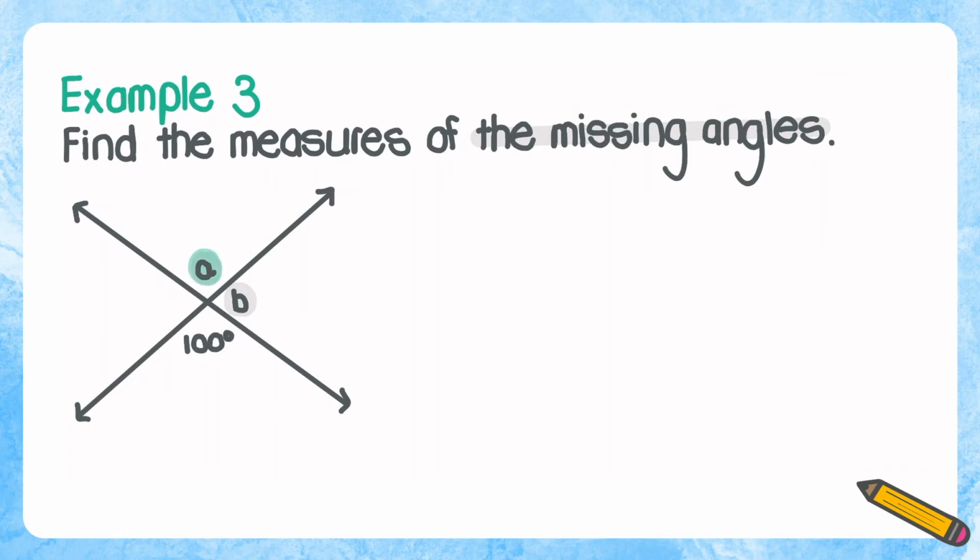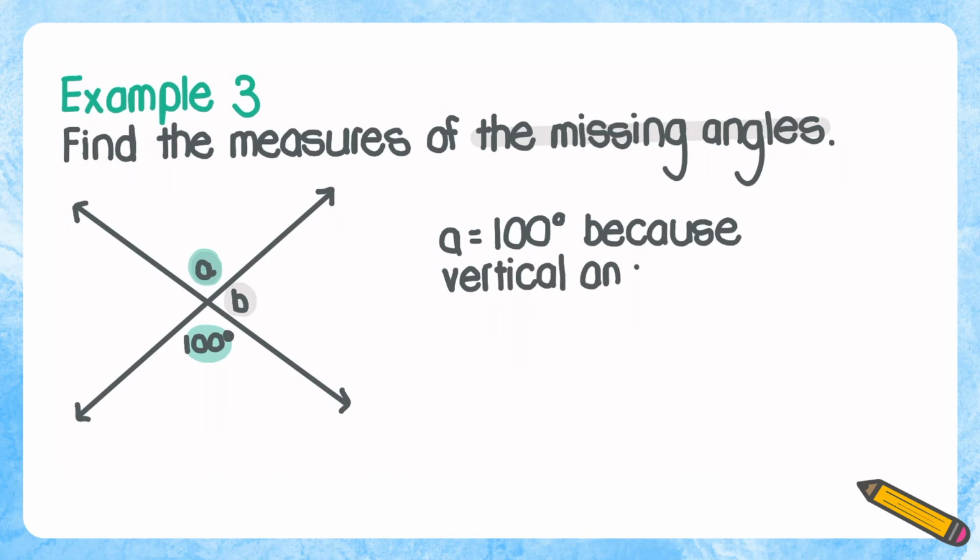Let's look at angle A first. Notice how angle A and the 100 degrees are vertical angles. So I know that A equals 100 degrees because vertical angles are congruent to each other. So we found angle A, and that equals 100 degrees.